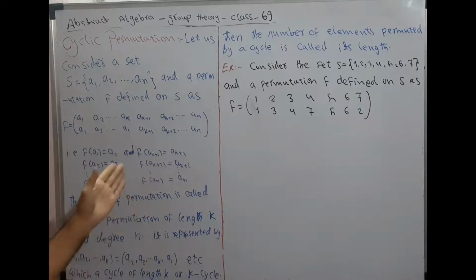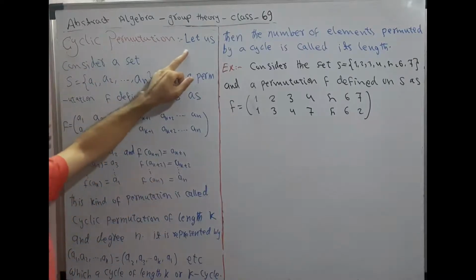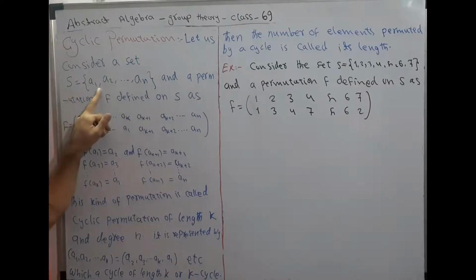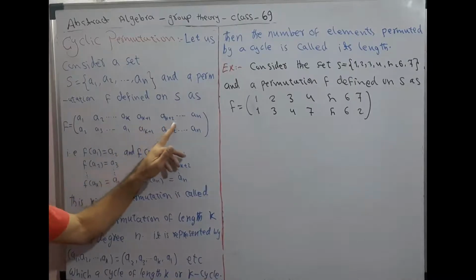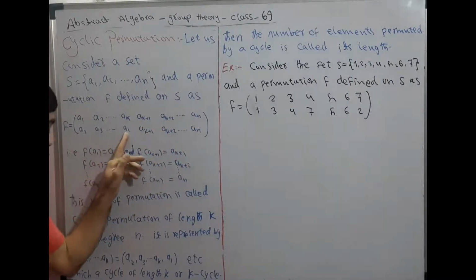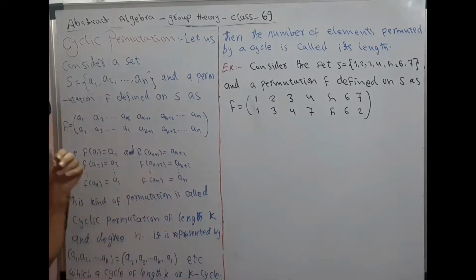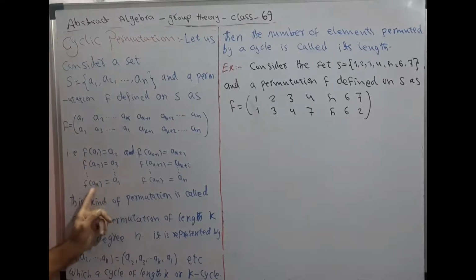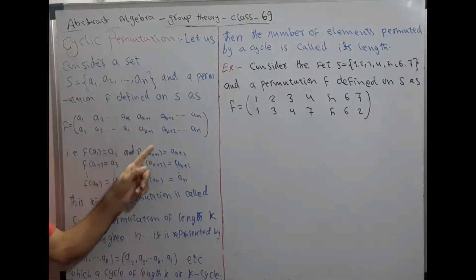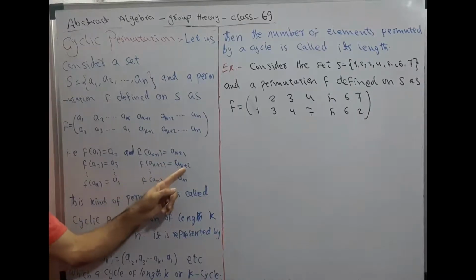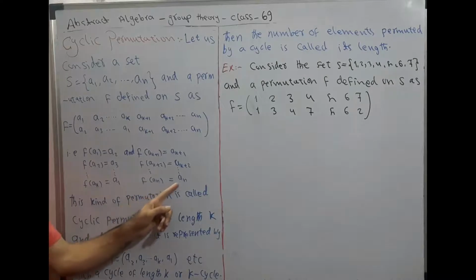We will bring some examples about it. First, let us consider a set S equal to {a1, a2, and so on, an}, and a permutation f defined on S where f of a1 is equal to a2, f of a2 is equal to a3, and so on, f of ak is equal to a1, and f of ak+1 is equal to itself, f of ak+2 is equal to itself, and so on, f of an is equal to an itself.